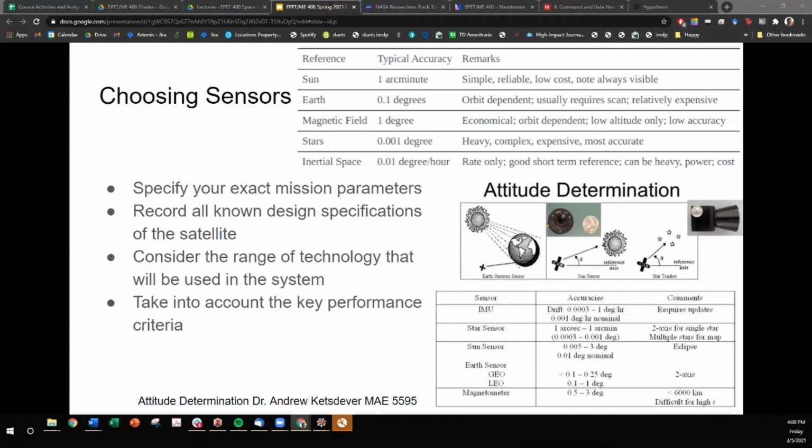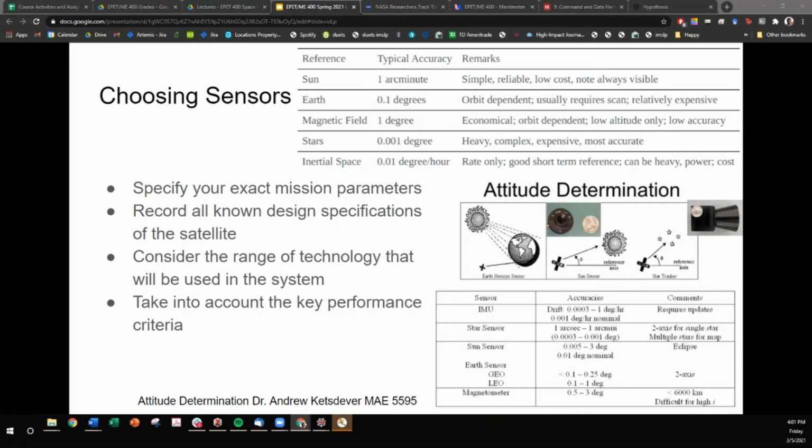So I've got tables of the different sensors and their typical accuracy with pros and cons for each one. Something that I should note here is that arc minutes are a sub-measurement unit of degrees. So one arc is going to be a degree, and a minute is 1/60th of that arc. So this would be 1/60 degrees.